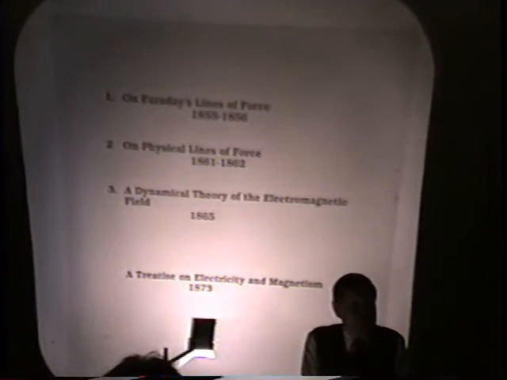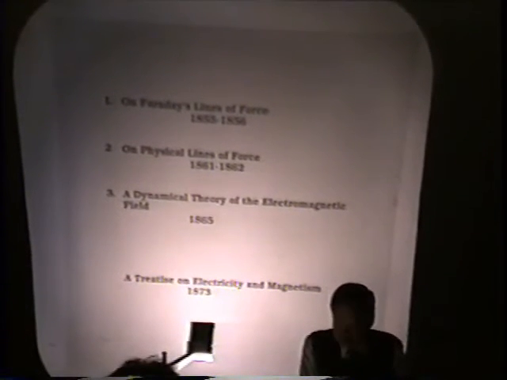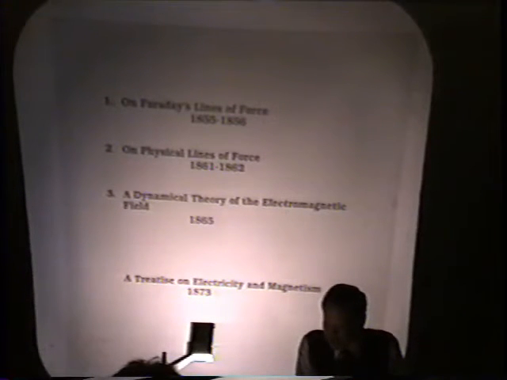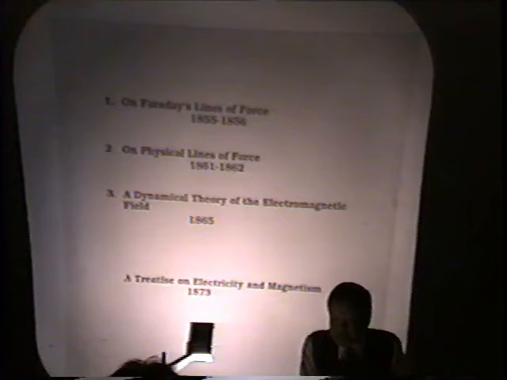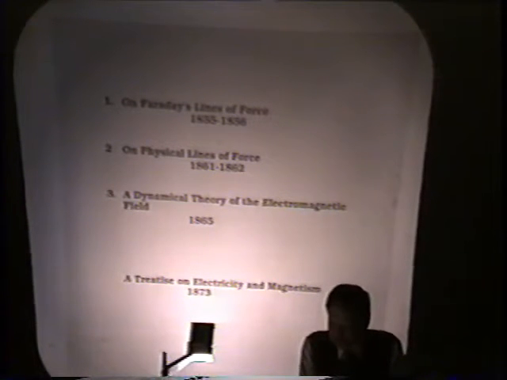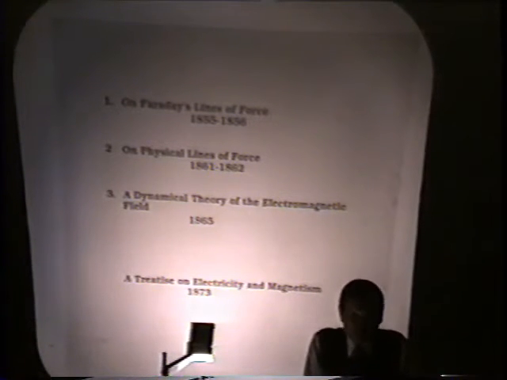These 3 papers were the papers that founded Maxwell's equations. Some approximately 10 years later, he wrote a book, a treatise on electricity and magnetism, which sort of summarized these ideas in the first 3 papers.